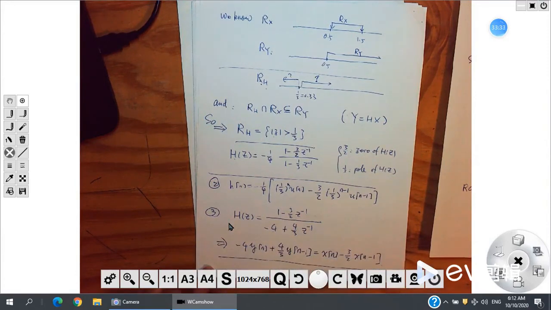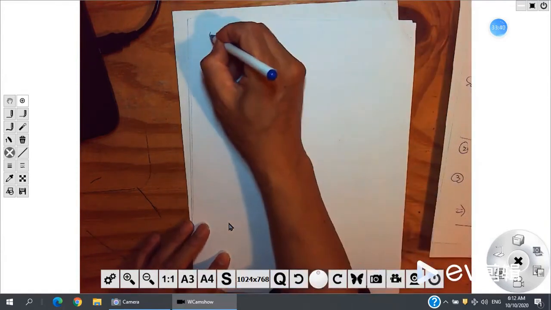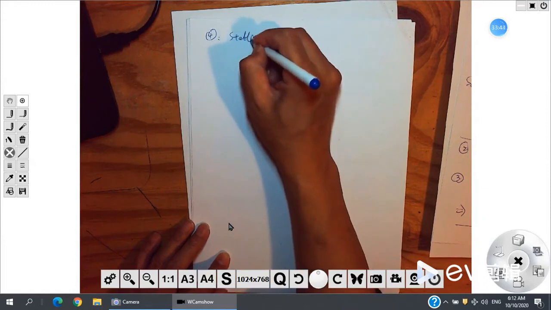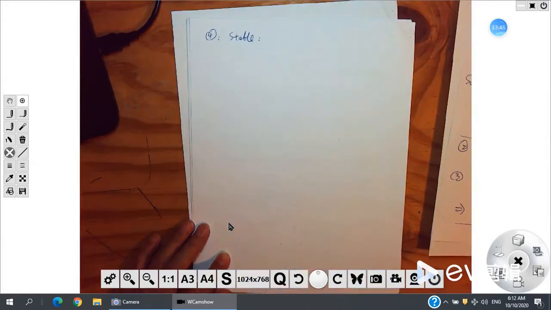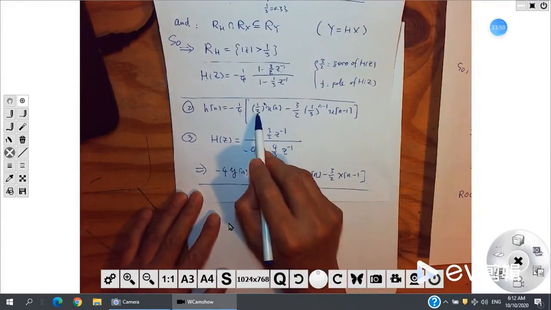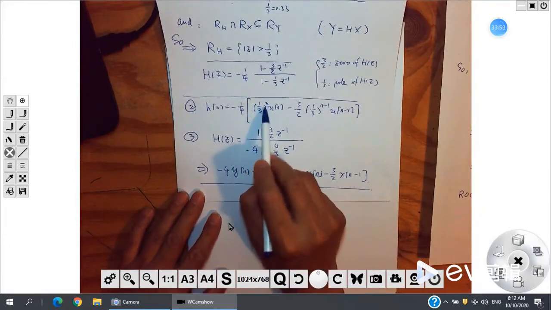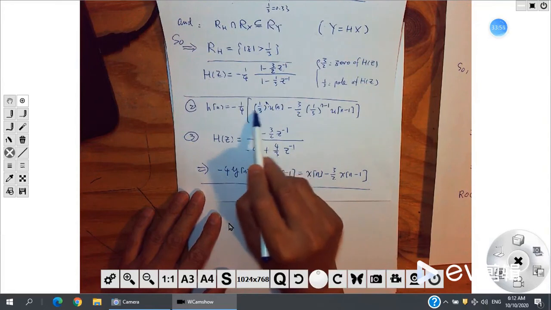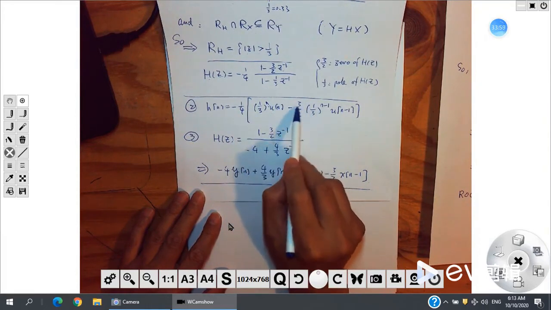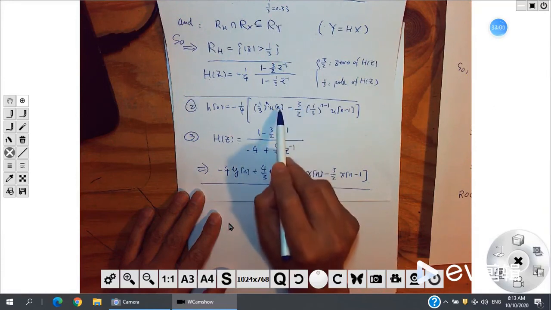And the fourth question: stable? Okay, you can check h. You can check the value of h for different n. If they go to 0, if they won't go to infinity, then it is stable.